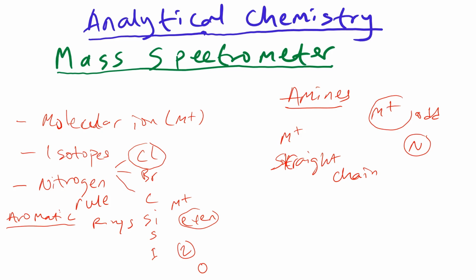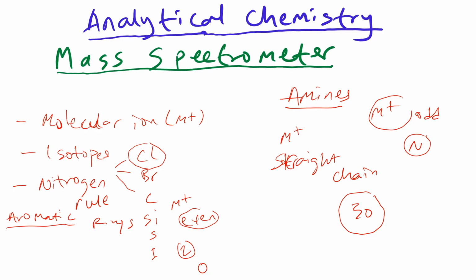Now, the base peak in most amines is usually around m/z 30. So when you see a peak at 30, that is a giveaway that the compound is an amine, coupled with the fact that it has an odd molecular weight, or odd M+.